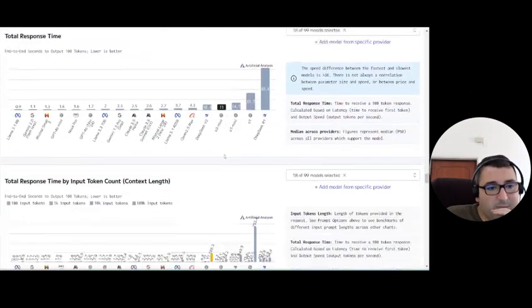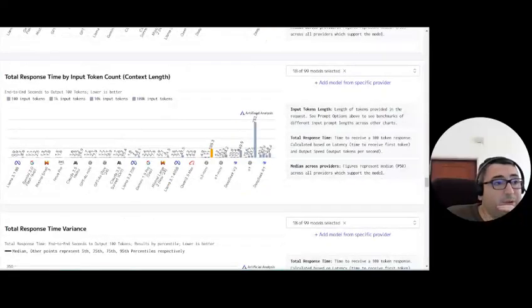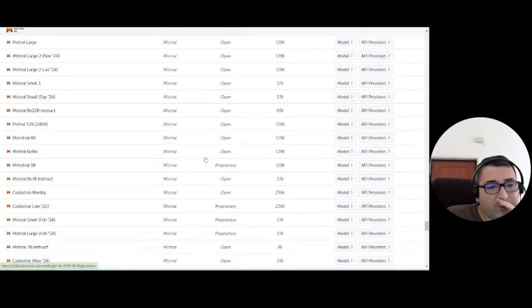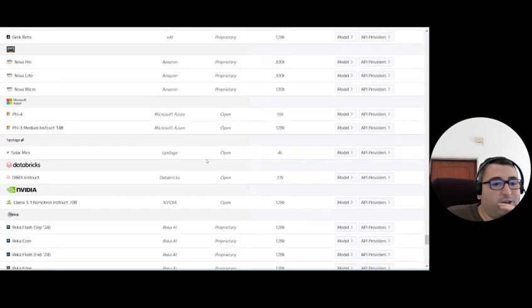And this is also important: by input token count, DeepSeek seems to be the one in the higher range, with O1 and DeepSeek V3 following. And I think this is the most important part to see at the moment.